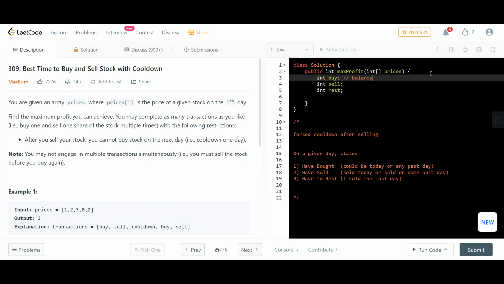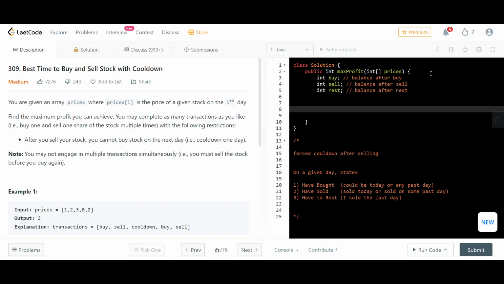This means balance after buy, this is my balance after sell, and this is my balance after rest. So the initial balance is obviously zero. Once you buy, you decrease the price on that day from your balance.